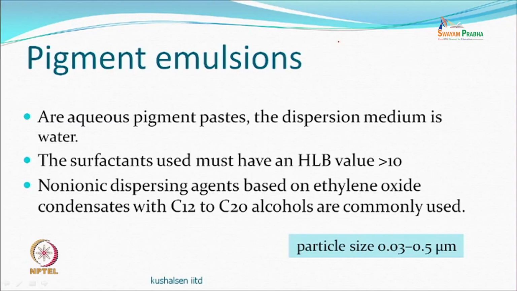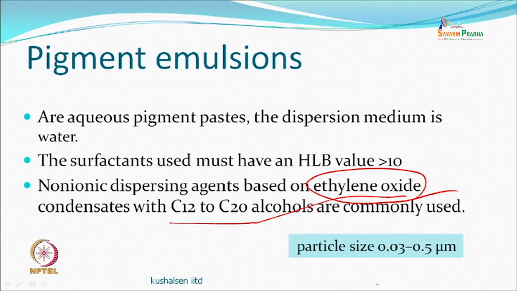Normally non-ionic dispersing agents are used for making emulsion. They are based on ethylene oxide condensates with various alcohol series which could be there. So this is what actually makes the balance from this carbon and the oxygen or ethylene oxide groups.